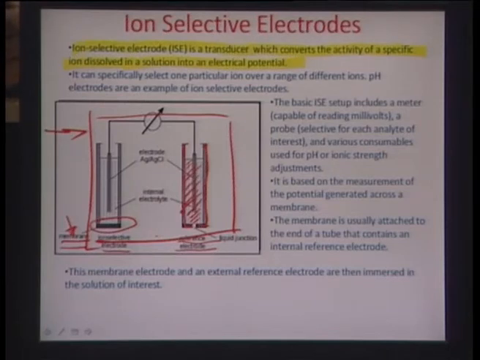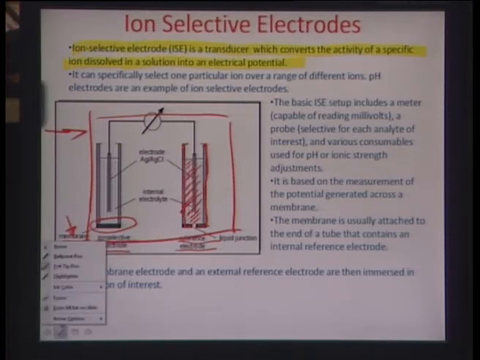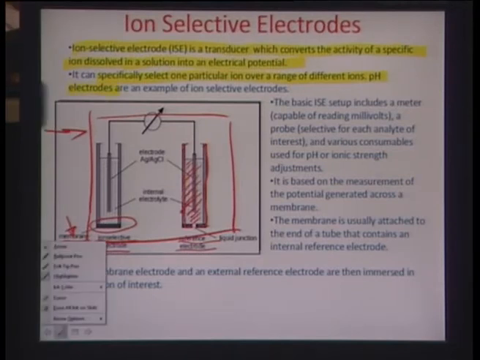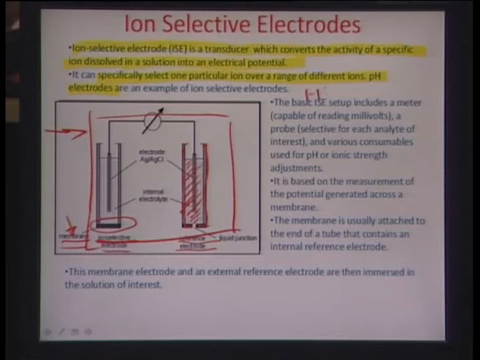So, the job of it is to specifically select one particular ion over a range of different ions. Suitable examples are pH electrodes, okay, which just pick up hydrogen ions. The pH electrode picks up only hydrogen ions and leaves the other ones behind. So, that is an ion selective electrode, okay.